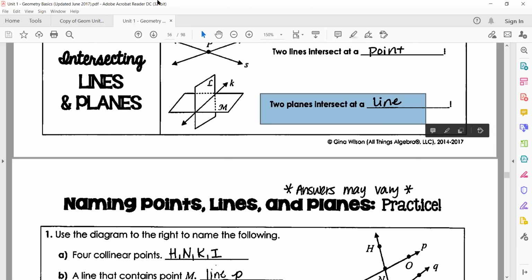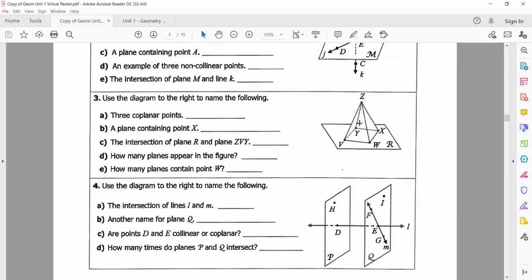So that definition should help you remember that that whole segment right there between V and Y, that is actually the intersection, because you have this one plane that's going vertical intersecting with this other flat plane that it's sitting on. So it's not just a single point, it's going to be that line segment, that part of the pyramid.